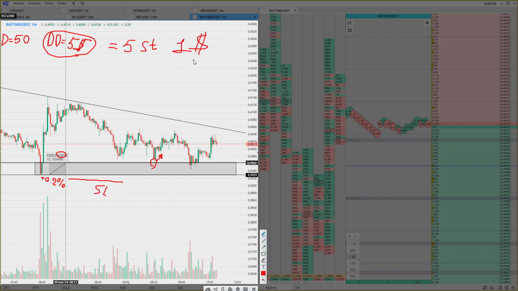So our stop loss will be every time, independently on the zone size, $1 per trade.